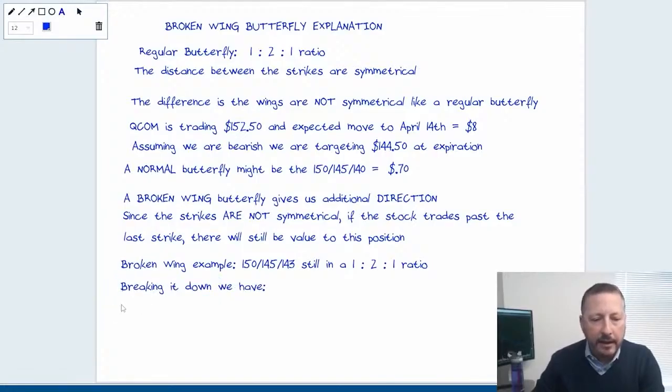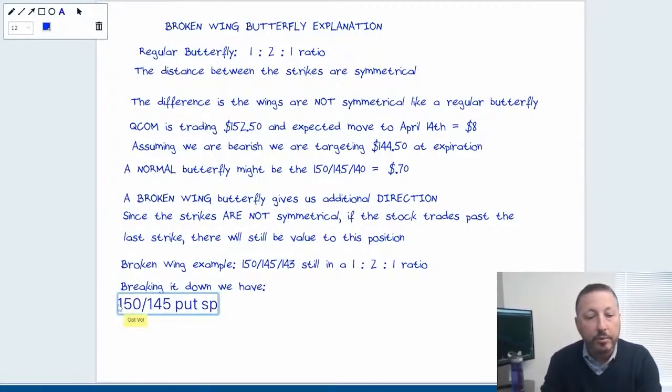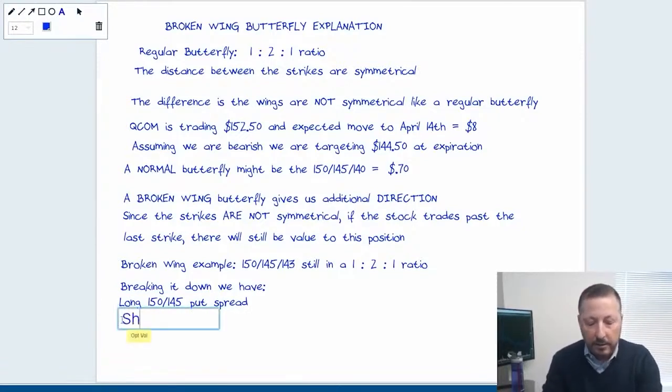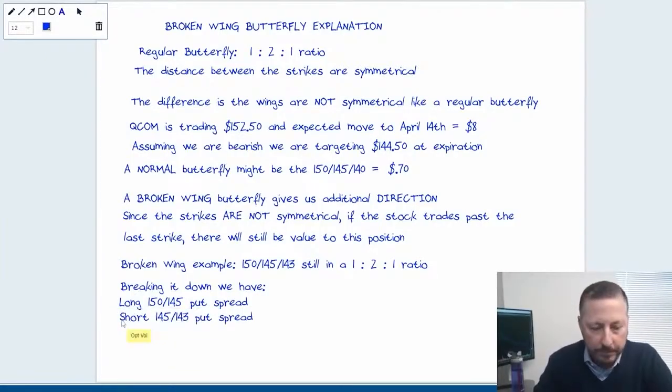We have a long 150, 145 put spread, $5 wide, but then on the short side, we only have a short 145, 143 put spread. $5 wide on our long, $2 wide on our short. So it's not symmetrical on either side.